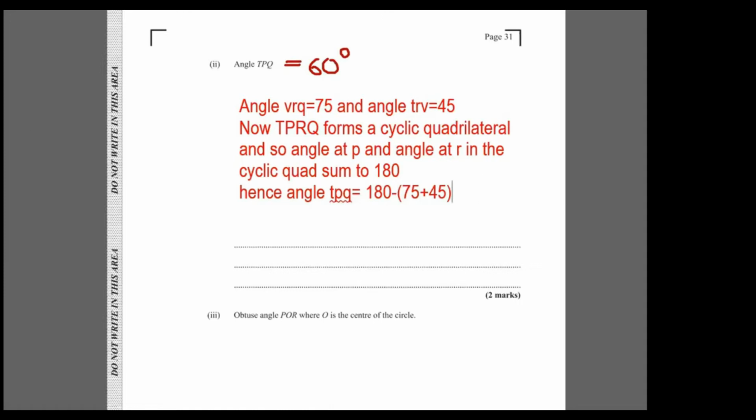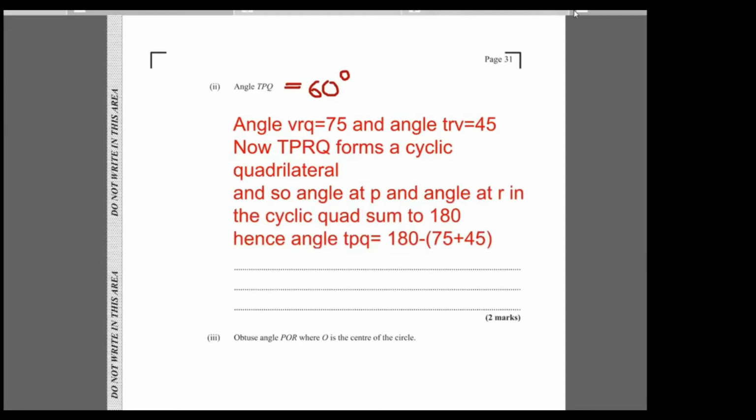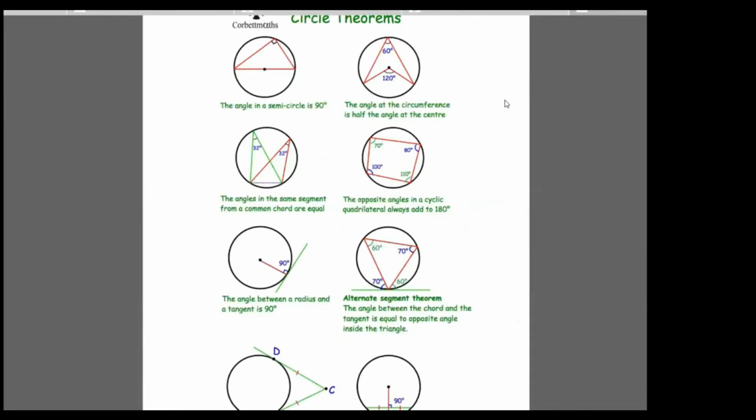So again, just to refresh our memory of circle theorems, you need to know all of these rules, all right? The angle in a semicircle is 90. Also, I want you to know that any two chords that are connected to the diameter, that angle is also 90.